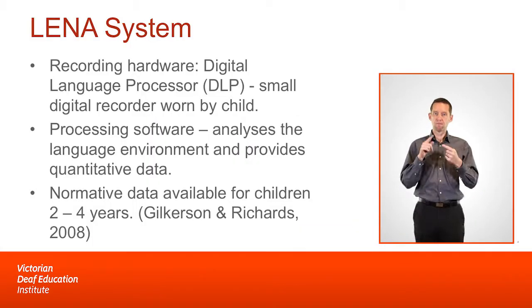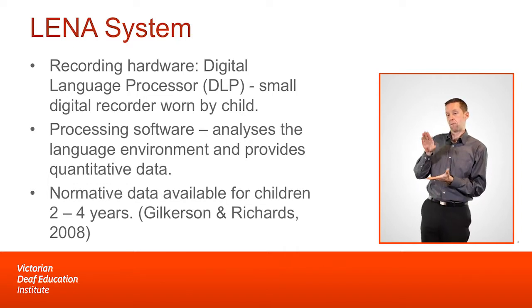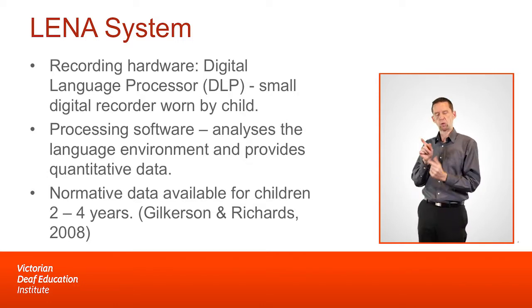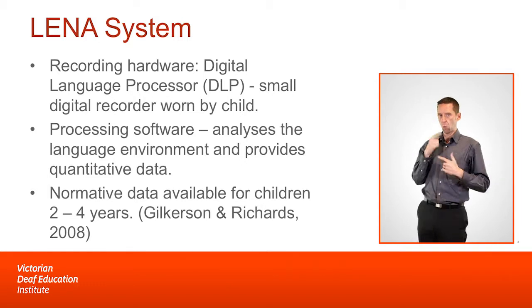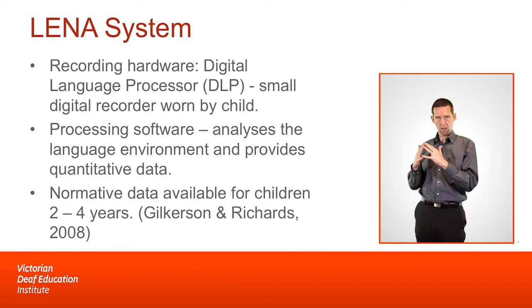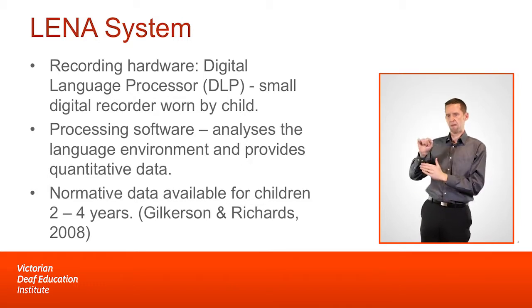There's the recording hardware, which is really kind of the digital language, if you want, of the product. It's called a digital language processor, or DLP, which is a small mini recorder that the child can wear during the day. I'll show you a picture in just a second. There's processing software that analyzes the language environment and provides quantitative measures of what's happening in that environment.